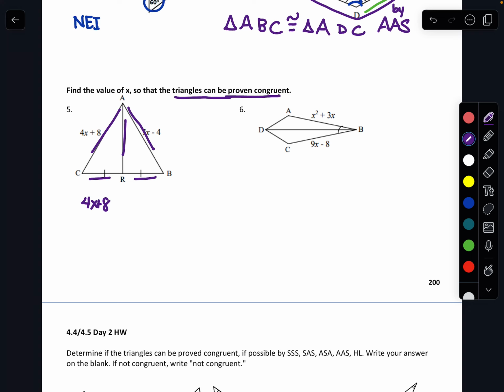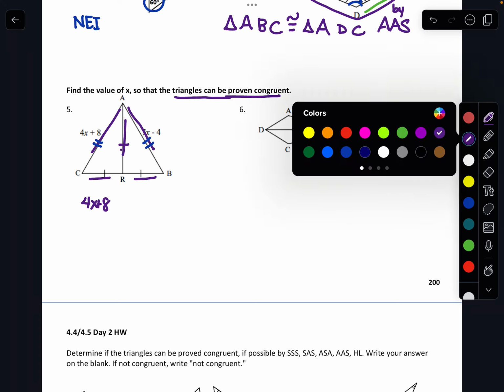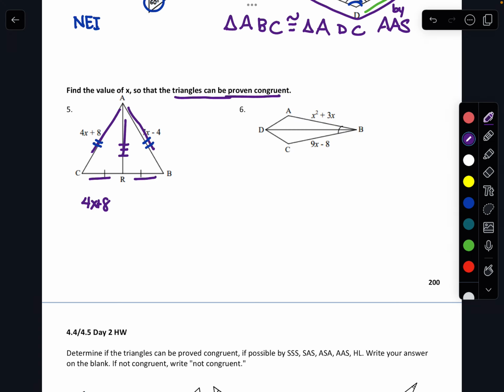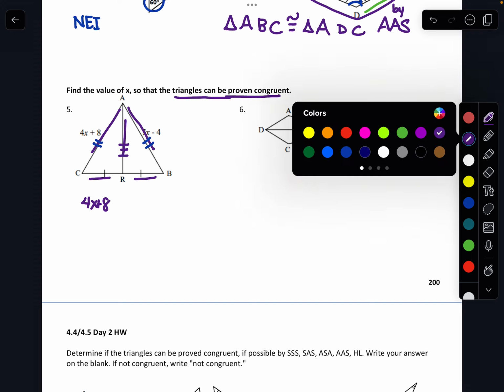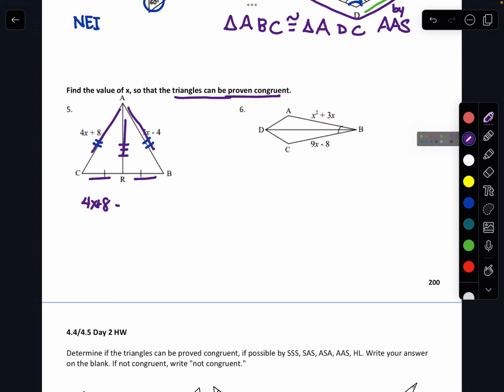In order for these to be all congruent, this one's going to have to be congruent with this one. This one we already know is congruent with itself. And they already told us these bottom ones are congruent. So let's make this one triple. Alrighty. So we need 4x plus 8. As long as we can prove that these two sides are congruent, then we have side, side, side.